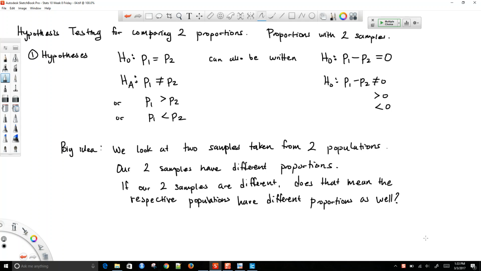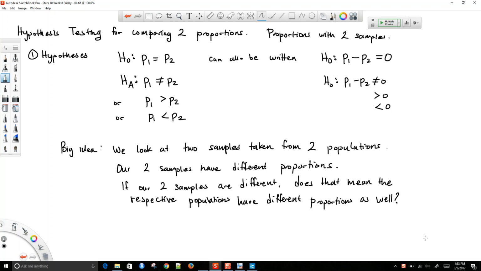Basically, that's what we're doing here, except we're looking at just a sample, and based on what we see in a sample, we're asking, well, does this mean that the entire population is different?